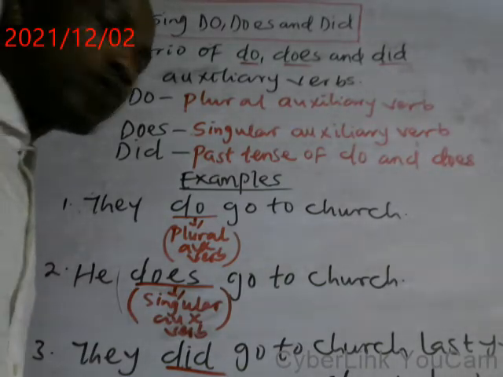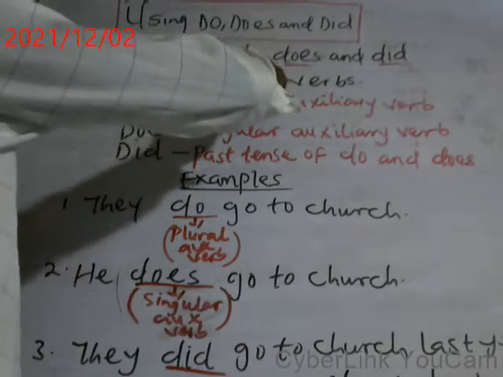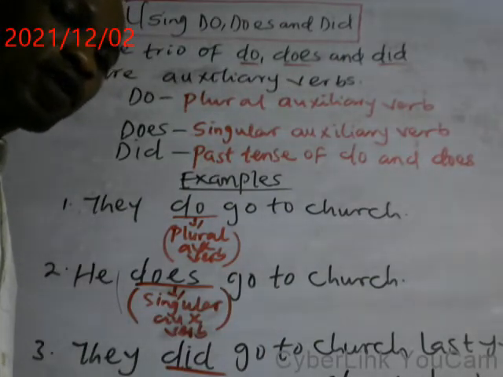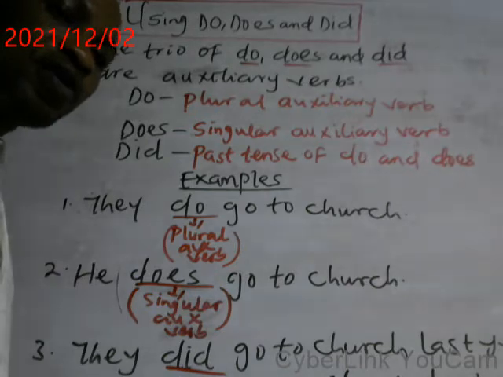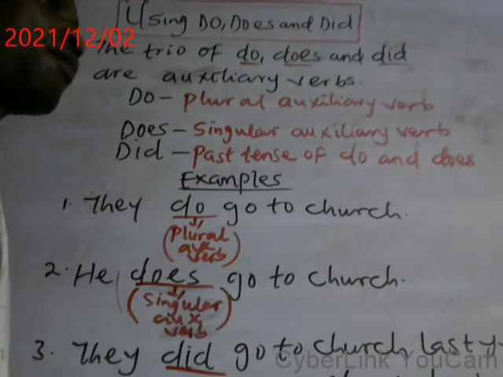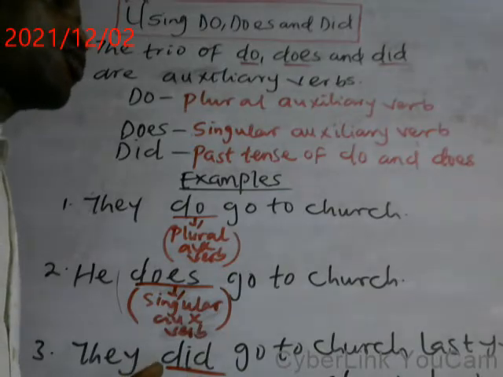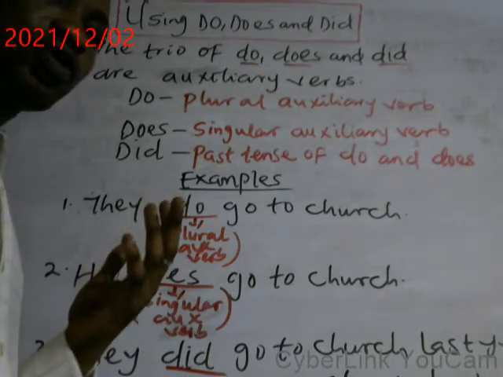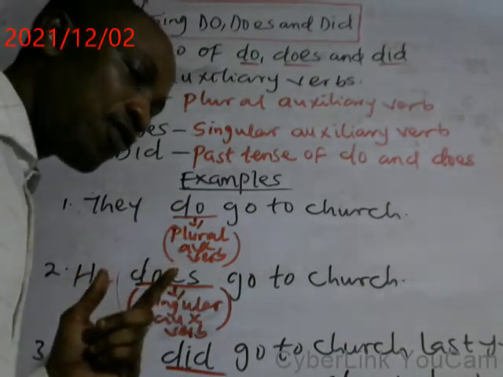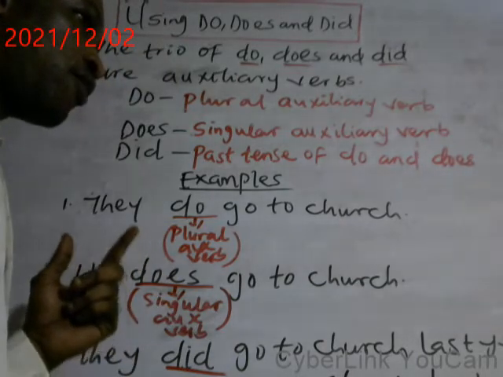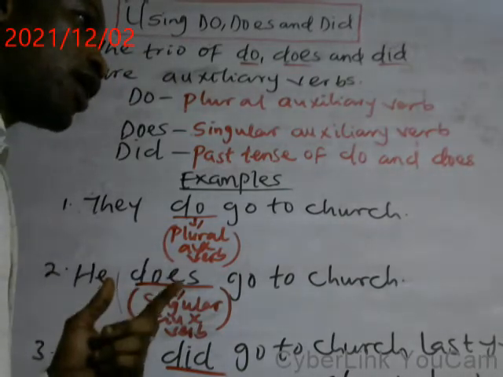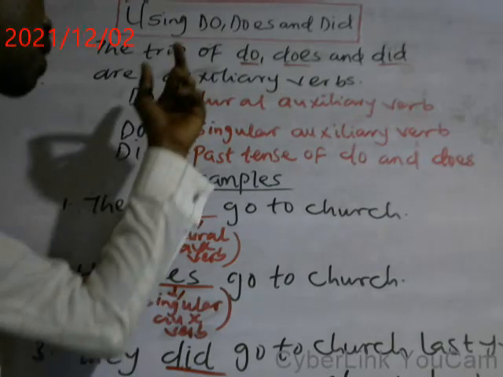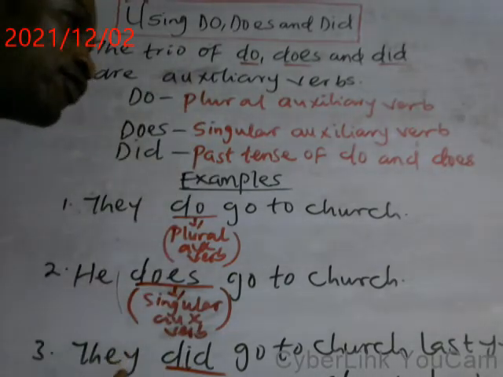How do we use do, does, and did as auxiliary verbs as far as English language is concerned? They are very simple to use. Each of them is very simple to use. Only that we have to understand the plural, the singular, and the past tense of this type of auxiliary verb.